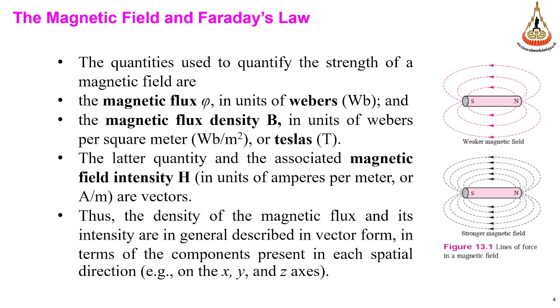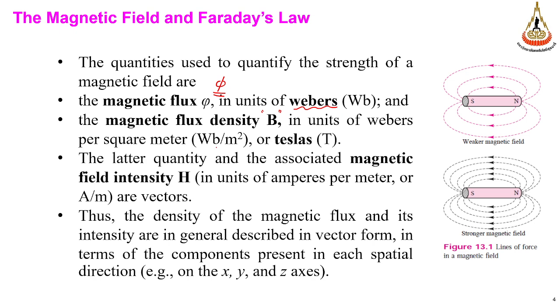So the quantity used to quantify the strength of the magnetic field, the parameter known as magnetic flux, is the flux of the magnetic, and its unit is the Weber. And if we talk about how dense it is, we use capital B, which stands for the magnetic flux density.